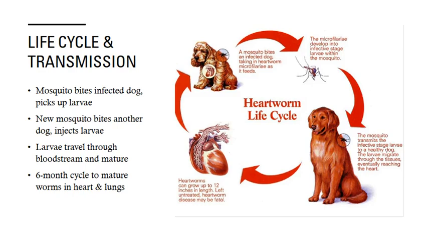Now I'd like to go over life cycle and transmission. A mosquito bites an infected dog and picks up a tiny heartworm larva, and when the mosquito bites another dog, it injects the larva into the bloodstream. Over 6 months, these larvae grow and mature into adult worms inside the heart and lungs.